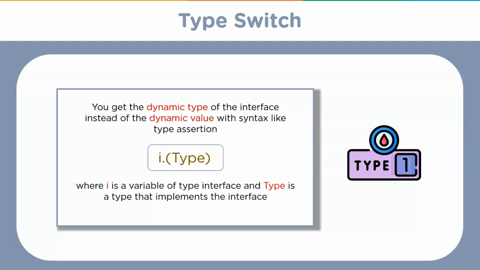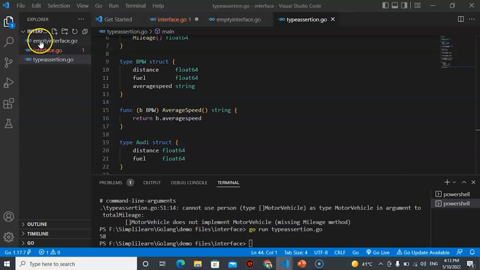Type switch is similar to creating multiple else if statements in code. We would understand this with the help of an example. For that, we will create a new file that would be type switch.go.